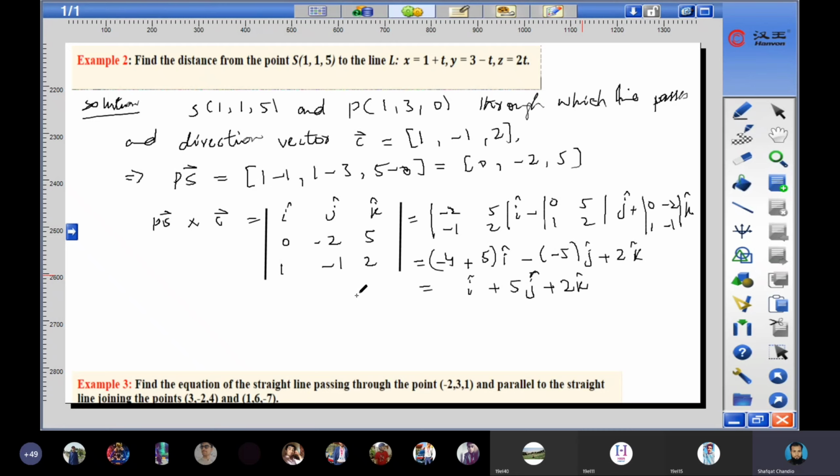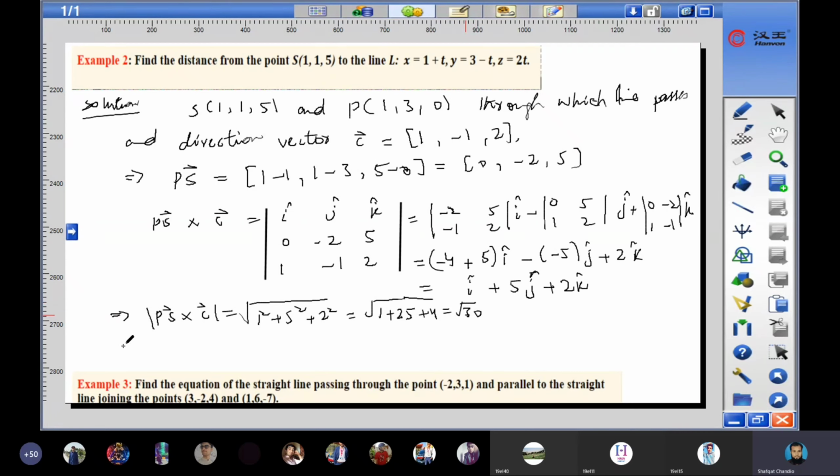Now what do we need here? Now we need the magnitude of this vector, and also the magnitude of the vector C. So let us find the magnitude of these two vectors. The magnitude of the vector PS cross C will be equal to the square root of 1 square plus 5 square plus 2 square, and this will give you 1 plus 25 plus 4, which equals the square root of 30.